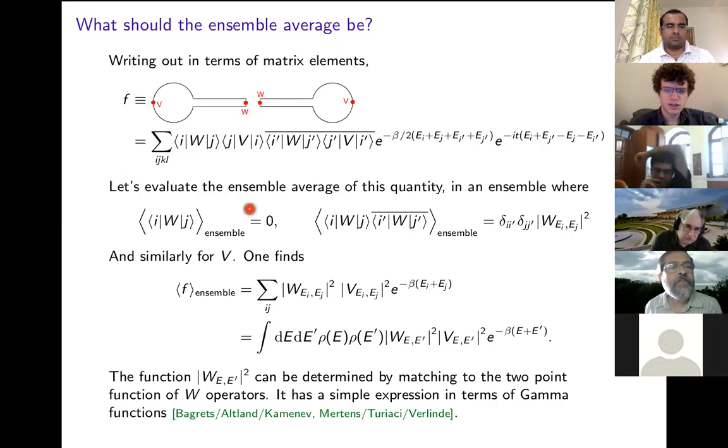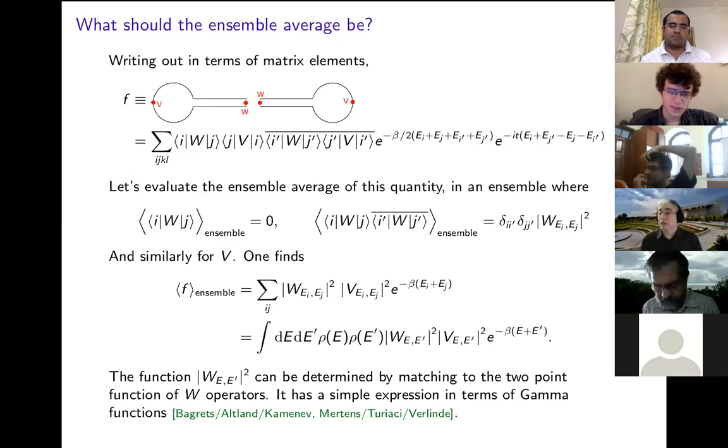And if f is g squared, where g has zero average in the ensemble, then f is never self-averaging. If you take something that has zero average in an ensemble and you square it, that thing will never be self-averaging. It will have a non-zero average value, but it will fluctuate around it. So that's the reason why this f is not self-averaging.